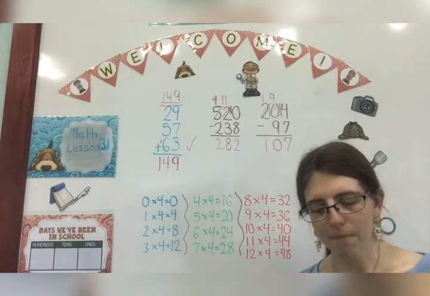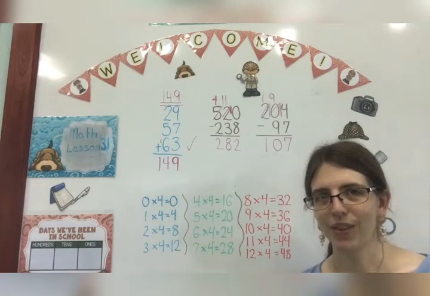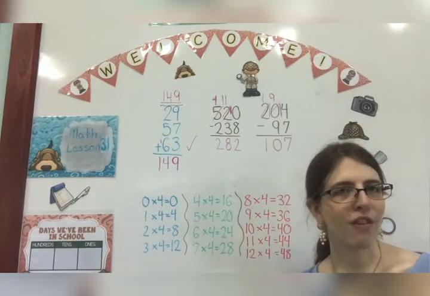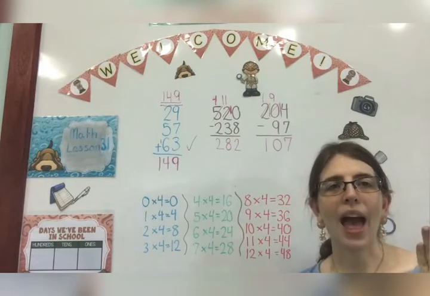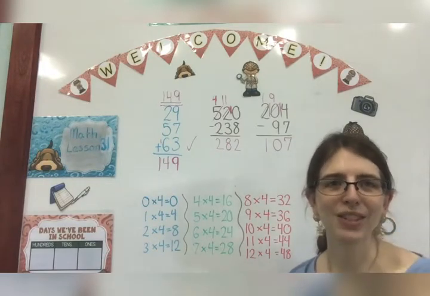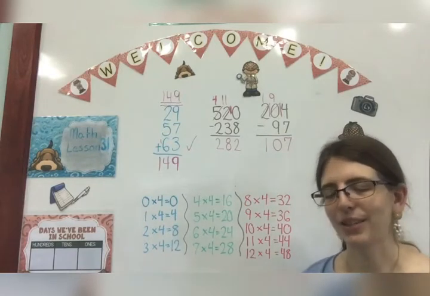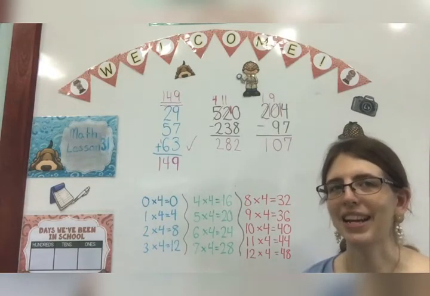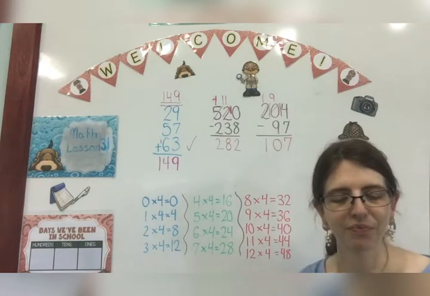How many more mangoes did they eat on Friday than on Saturday? So they had 51 on Friday and 46 on Saturday. I want to know how many more. Do I add or subtract? Subtract, that's right. 51 minus 46 will tell me how many more.